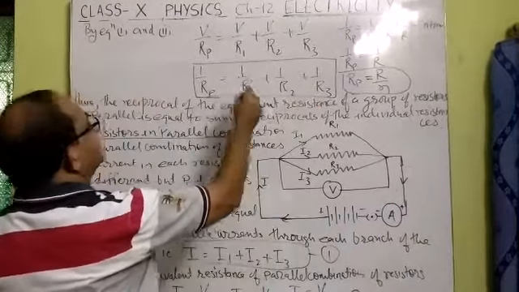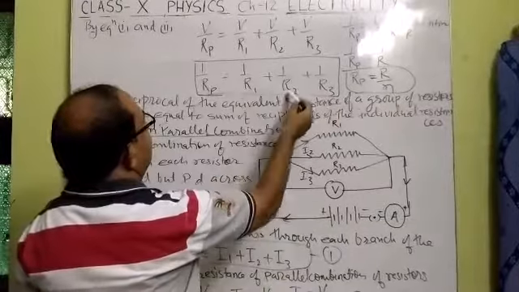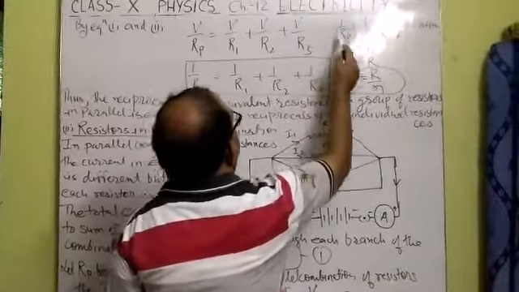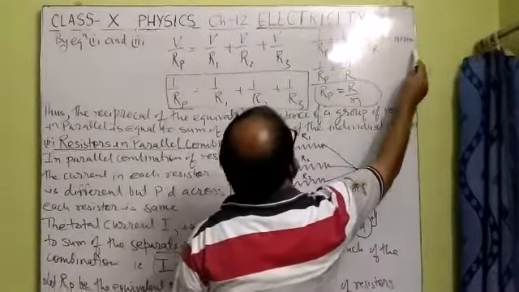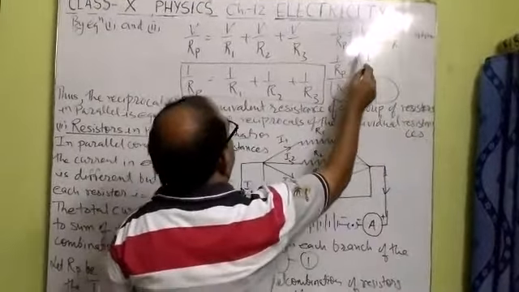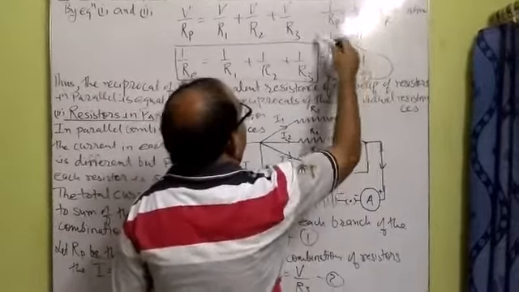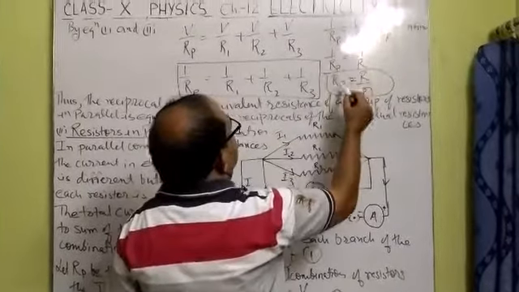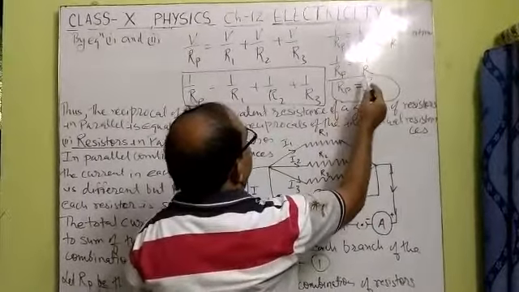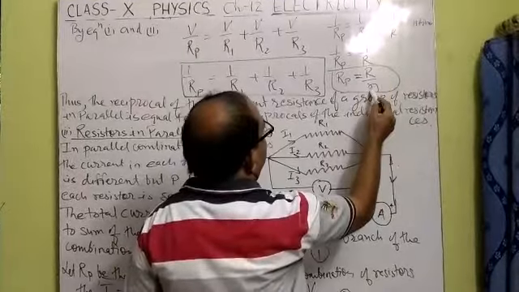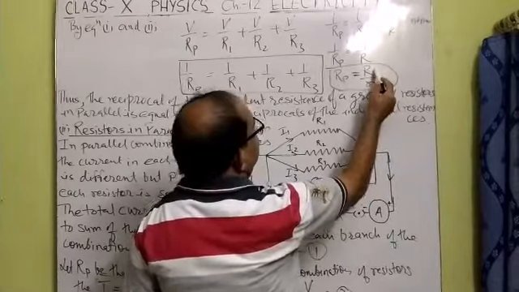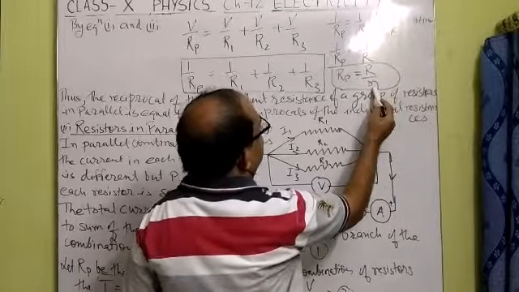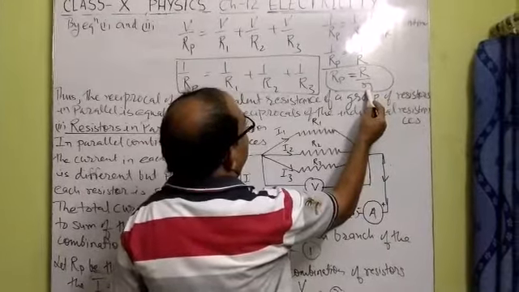Suppose all resistances have the same value R. In that case 1 upon Rp is equal to 1 upon R plus 1 upon R plus 1 upon R. Suppose there are n resistors, then 1 upon Rp is equal to n by R. Now by taking the reciprocal of both sides, we get Rp equal to R upon n, where R is the value of each individual resistance and n is the number of resistors connected in parallel.